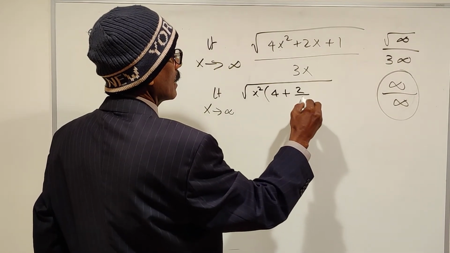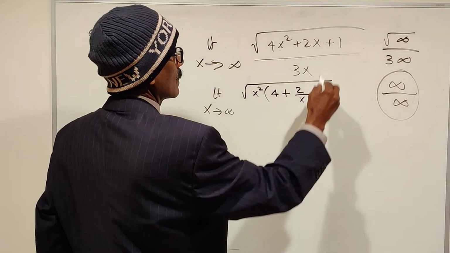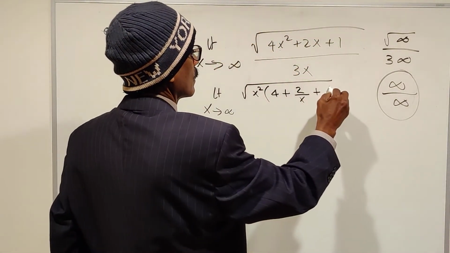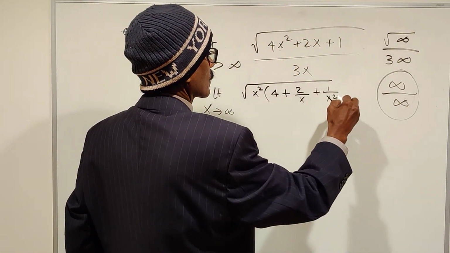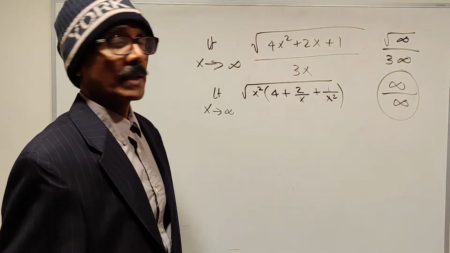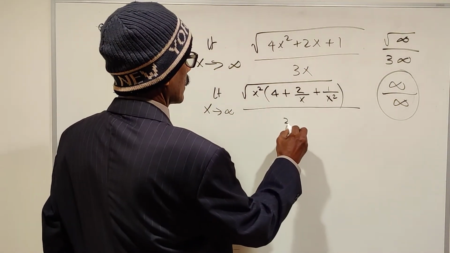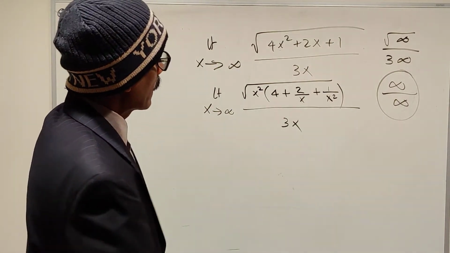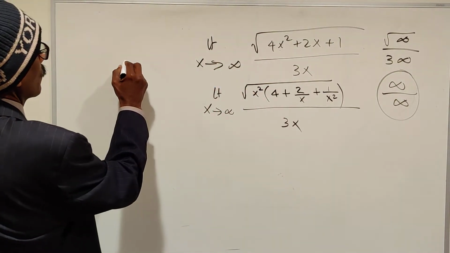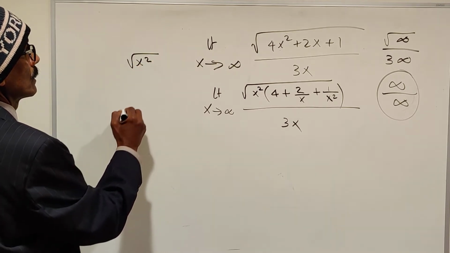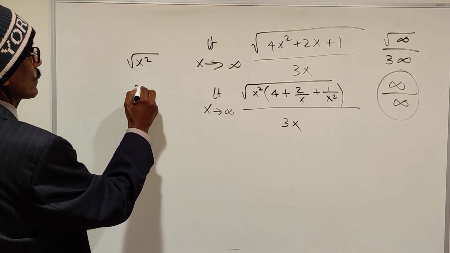2 by x plus, when you take out x square from 1 by x square. Okay, then 3x. See here, what is the square root of x square?